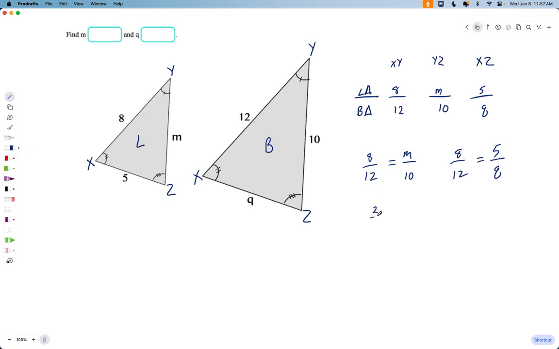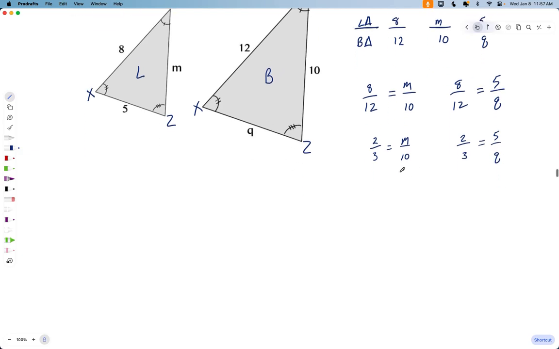So 2 over 3 is equal to M over 10, and 2 over 3 is equal to 5 over Q. That's going to make life a lot easier just by reducing that. So we've got 20 is equal to 3M, so 20 over 3 is equal to M. And then we've got 2Q is equal to 15, so Q is equal to 15 divided by 2.